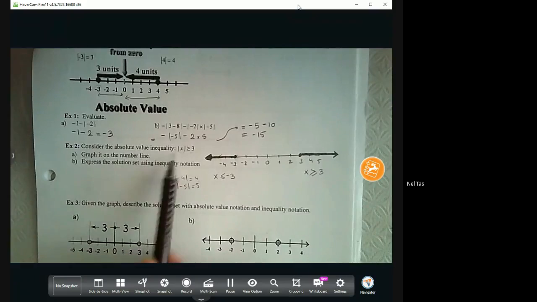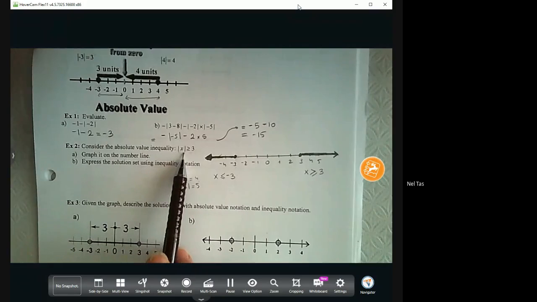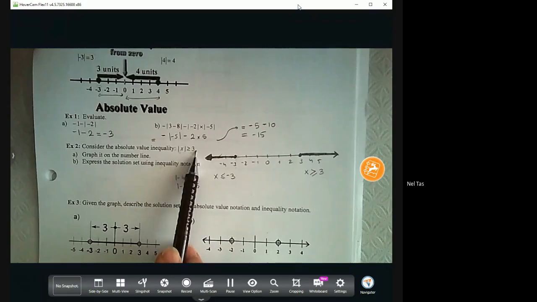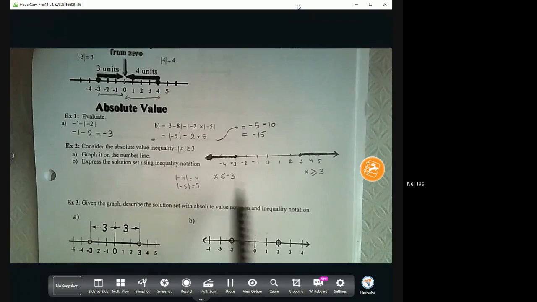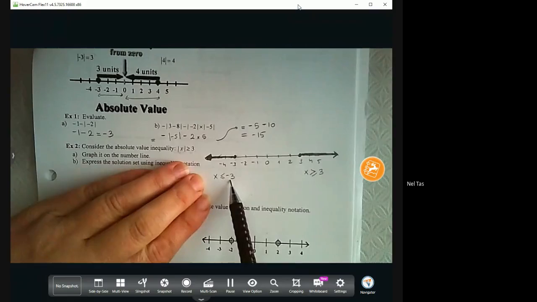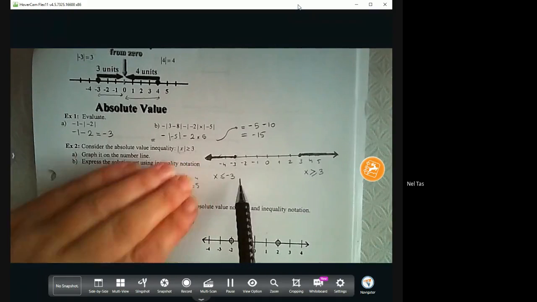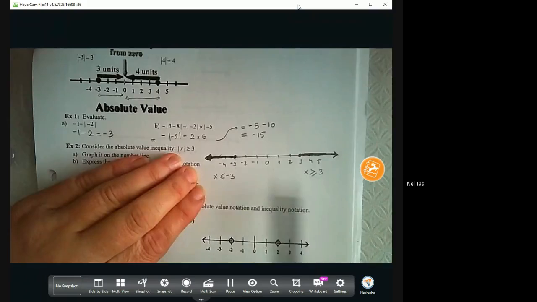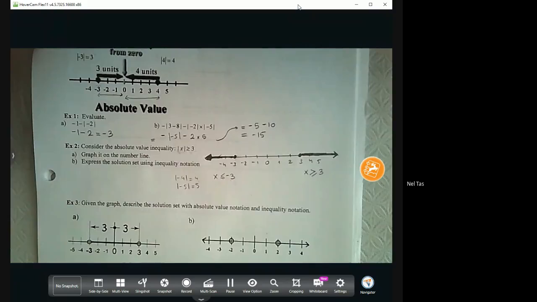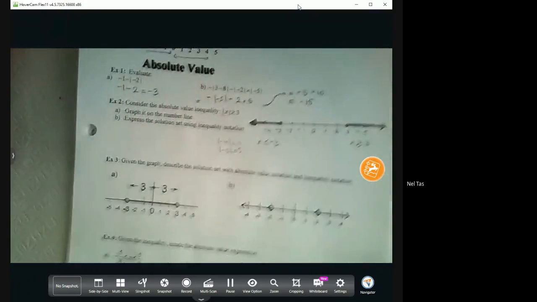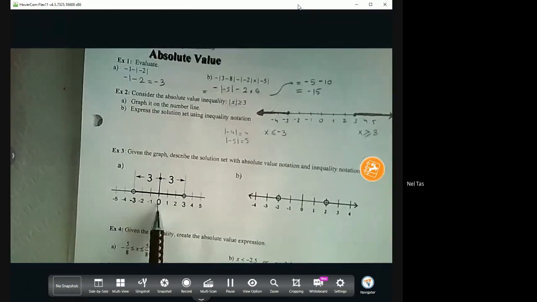So if we want to write the absolute value of x greater than or equal to 3 without the absolute value sign, then we can write it as x less than or equal to -3 and x greater than or equal to 3. So this would be the solution, written without the absolute value sign.